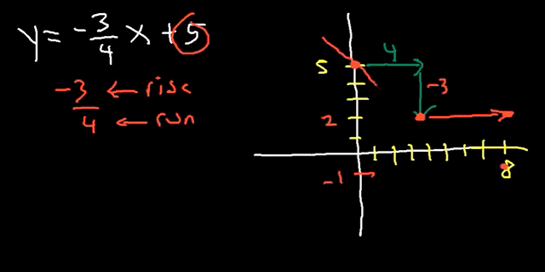And then just connect those points with a line. So go ahead and try this example. Feel free to pause the video and give this problem a shot. And when you're ready, just unpause it.